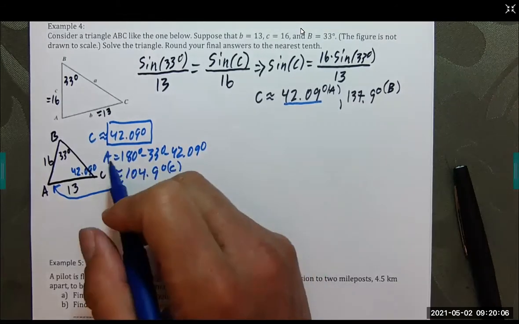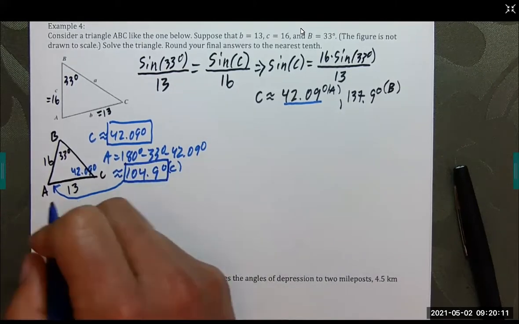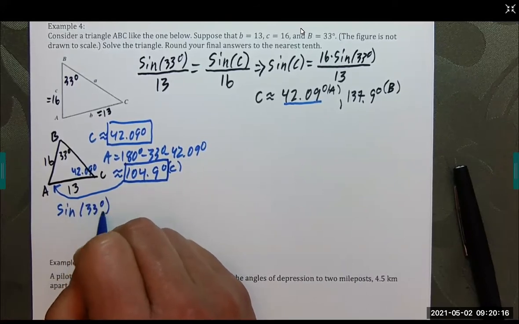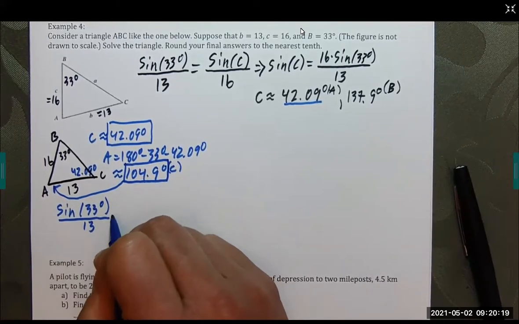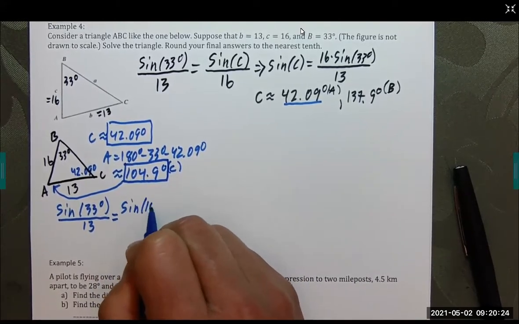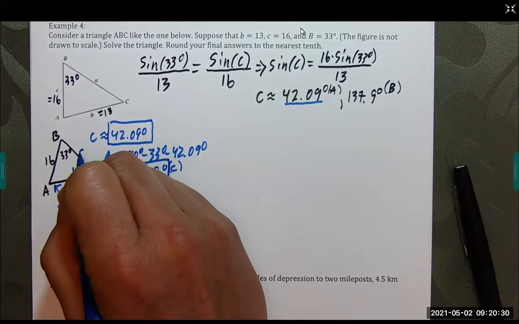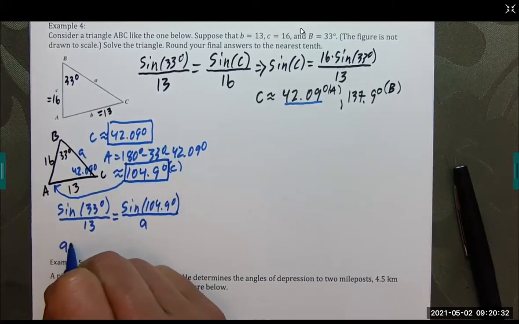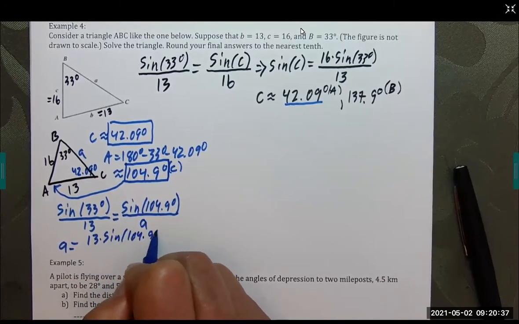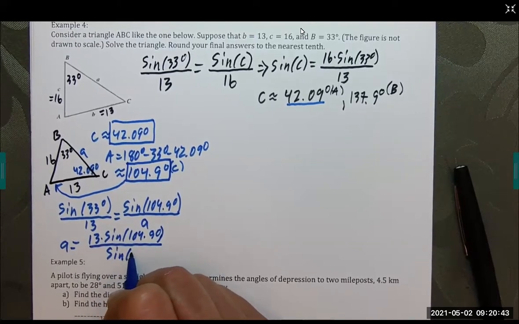All right, now that we have two of the three pieces taken care of, let's find the third by doing the sine of 33 degrees over 13 equals the sine of the 104.9 degrees, which I stored into C, over side A. This means that A is 13 times the sine of 104.9 degrees over sine of 33 degrees.